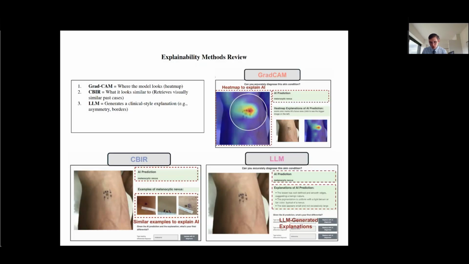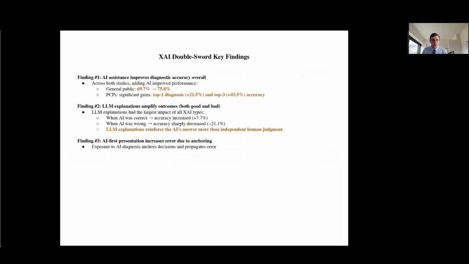The pigmentation is uniform with light brown and tan color typical of a nevus. You can see how all of these descriptions and all of the words may explain how it got to this specific diagnosis.